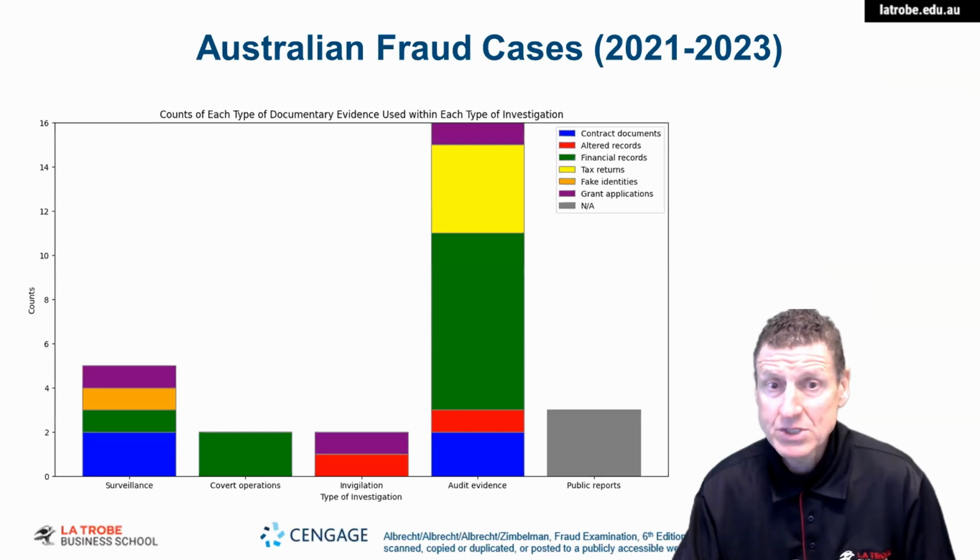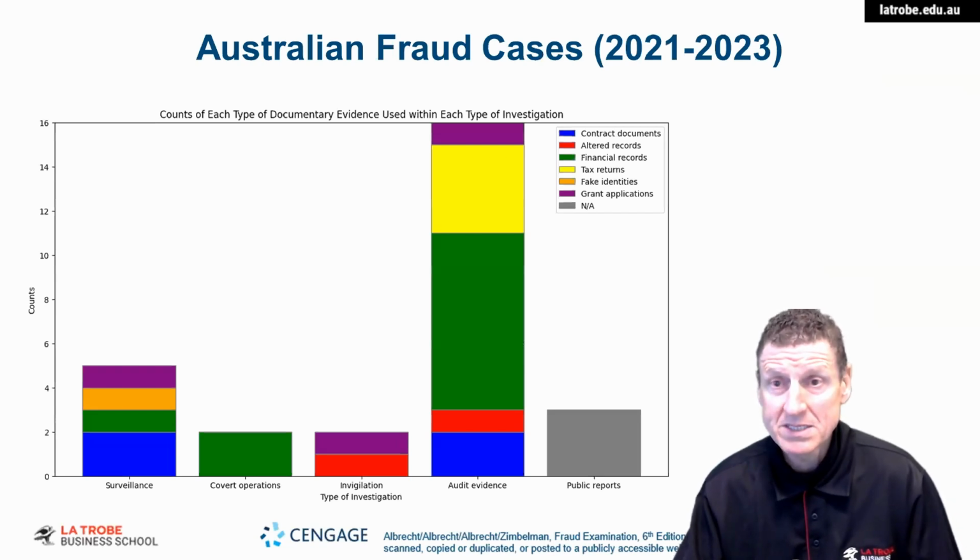It relied on financial records. It relied on contract documents. And the same with audit evidence. 5 different types of documents were relied on for audit evidence presented to these successful fraud cases. So this is why documentary evidence is so valuable.